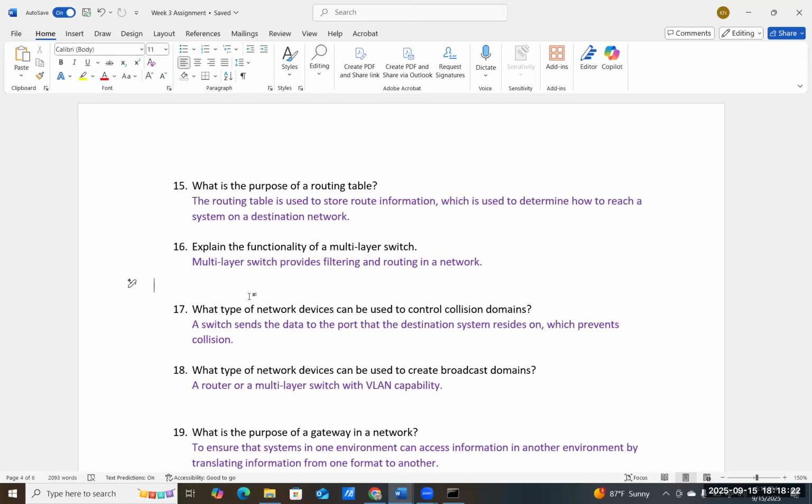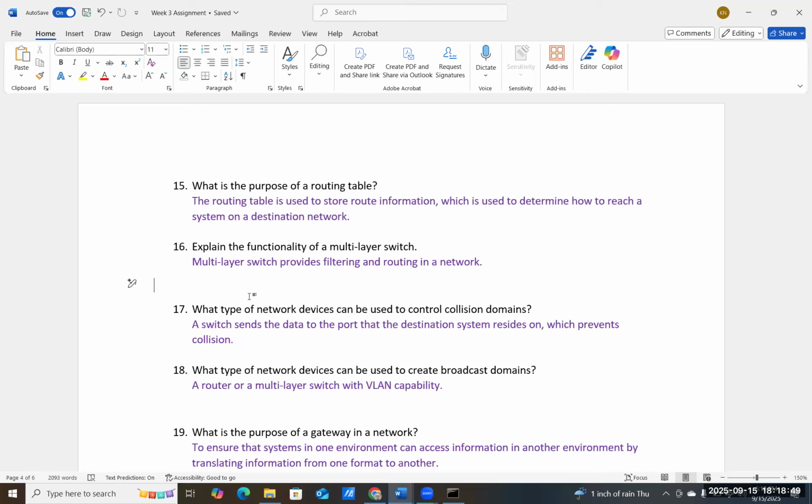We don't want lower performance. So you can use a switch to manage your collision domains. It would send data to the port where it resides, which prevents the actual collision itself. Now, we talked about collision detection, right?